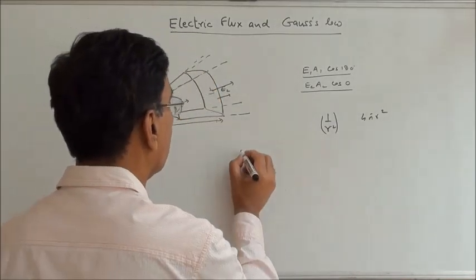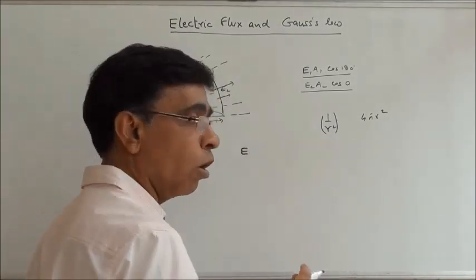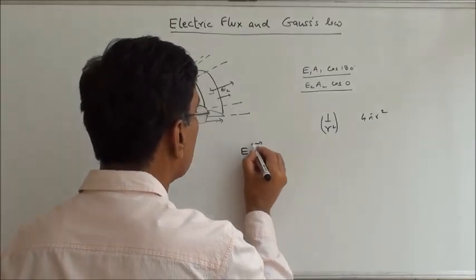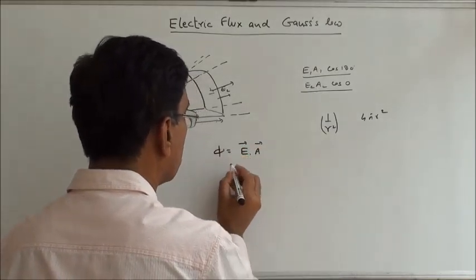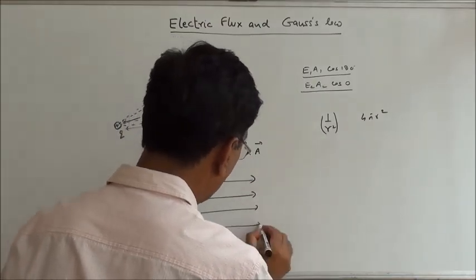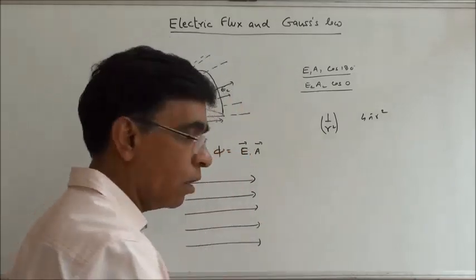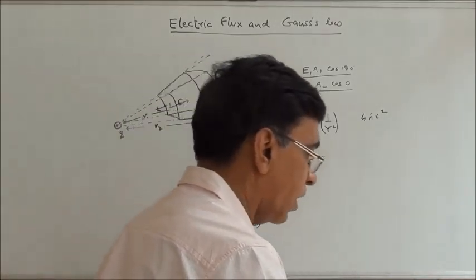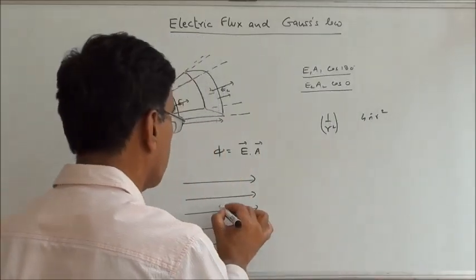Now let us define electric flux. E, normal component of electric field, into area vector. Phi is the term that is used to denote flux. So if I have this now as electric field and I want to calculate the flux, again let me take any surface I can take.